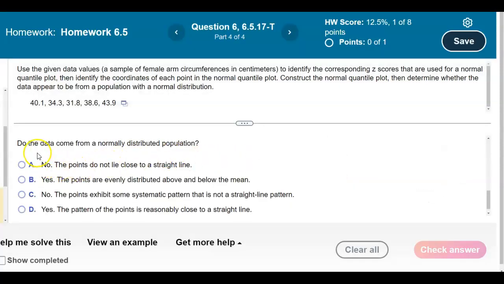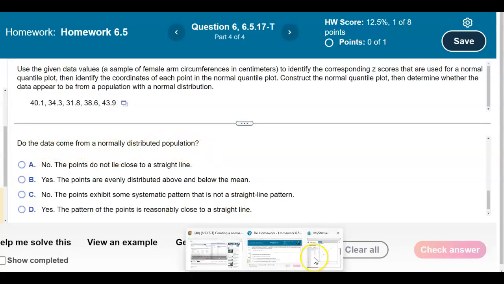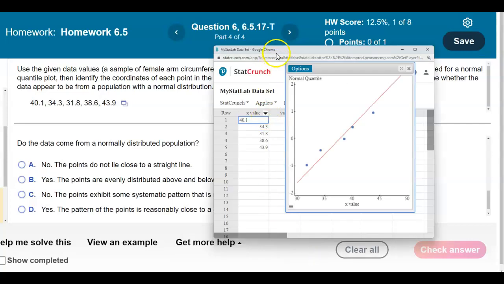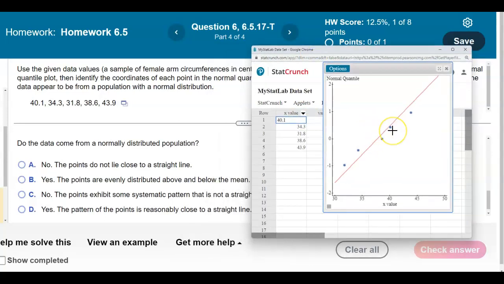Now the question says, do the data come from a normally distributed population? Do they form close to the line here? Well, we're not going to say no, because these points are generally close to that line.